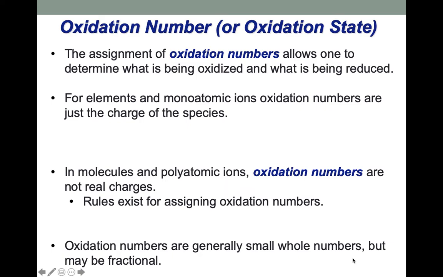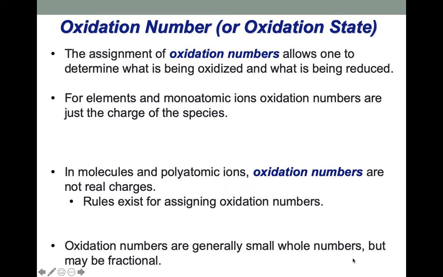The first element that you should have written down in your notes is that fluorine, F, is always -1. That's rule number 1. Rule number 2, oxygen or oxide is almost always -2.